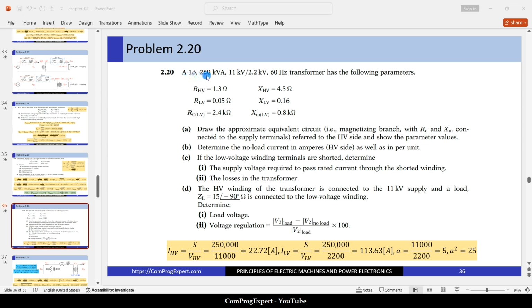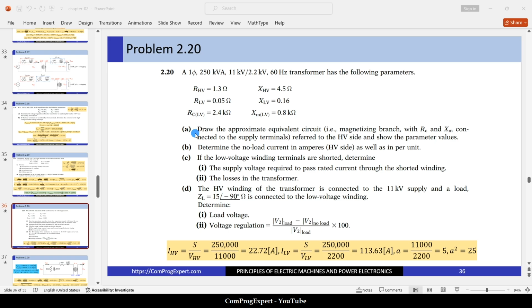Let's go for the next problem, problem 20. A single phase 250 kVA 11 kilovolt to 2.2 kilovolt 60 Hz transformer has the following parameters. This is the resistance of the high voltage winding 1.3, the leakage reactance of the high voltage, resistance of the low voltage, leakage reactance, and we have the equivalent core resistance and magnetizing reactance for the low voltage side.